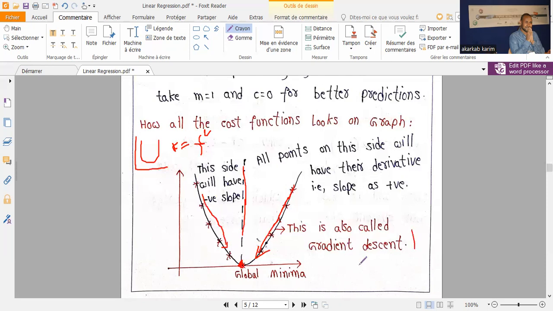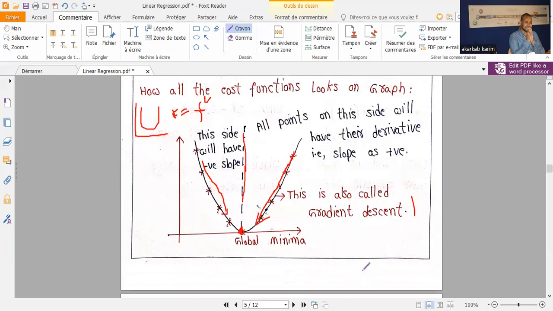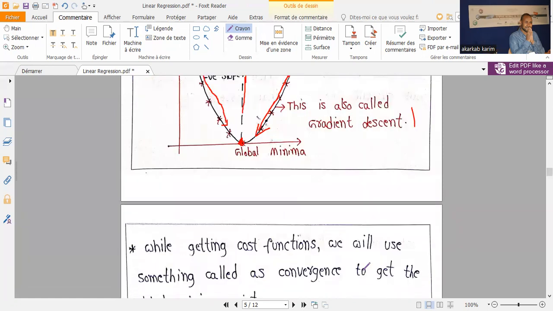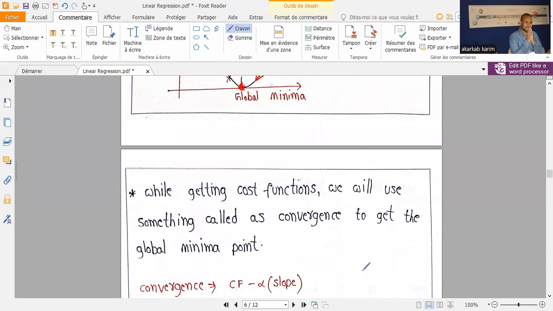This algorithm is also called gradient descent. It's one of the fundamental and important algorithms we have, the gradient descent. It also works in neural networks in deep learning. And this algorithm I will show now.